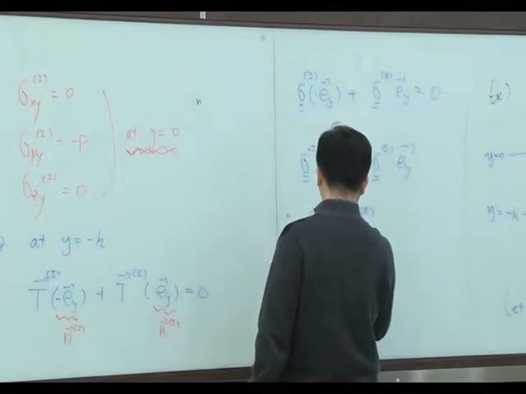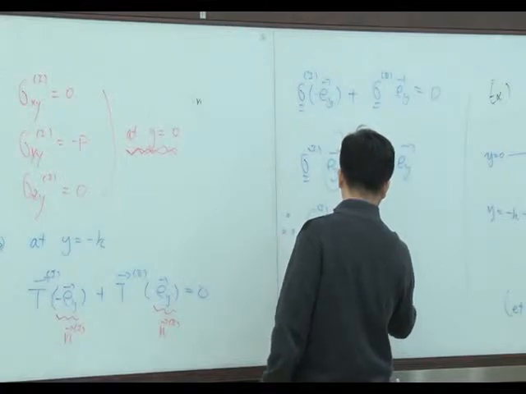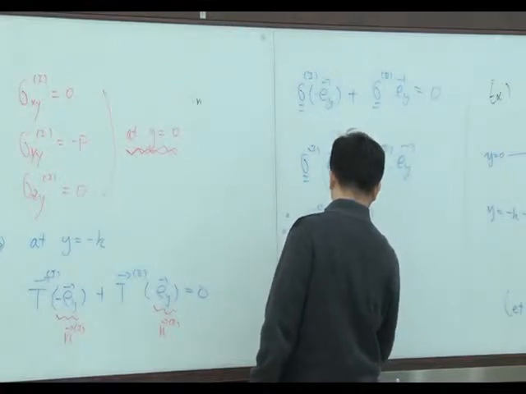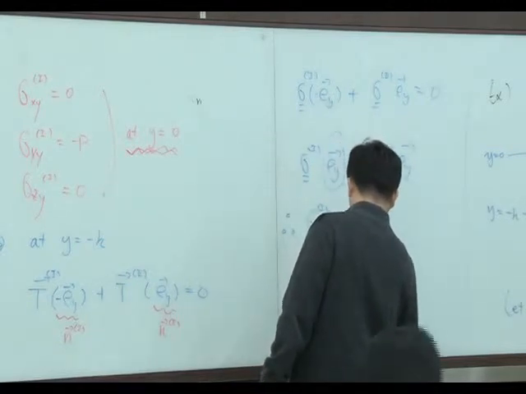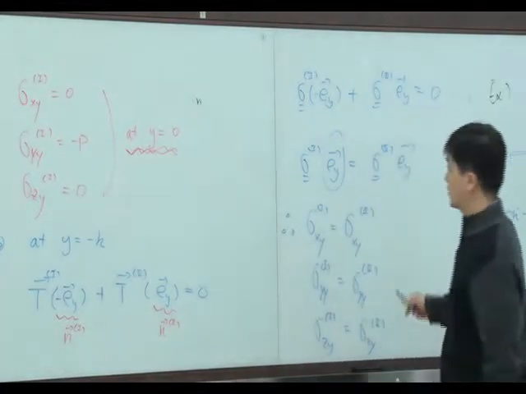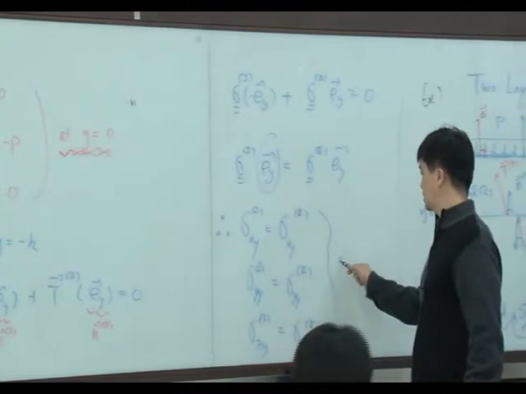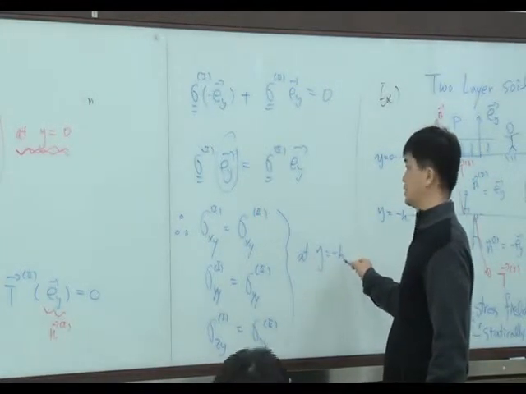yy 1 equal yy 2, zy 1 equal zy 2 at y equal minus h.